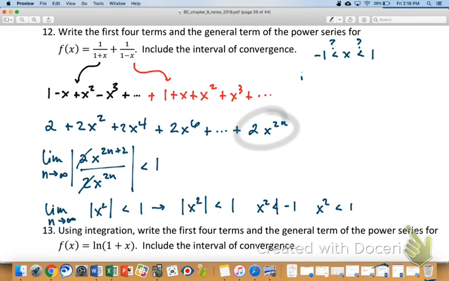So what do you see? 2 times -1 to the 2n. Converge or diverge? Diverge. Why? Yeah. But, I mean, you just do the nth term test, right?